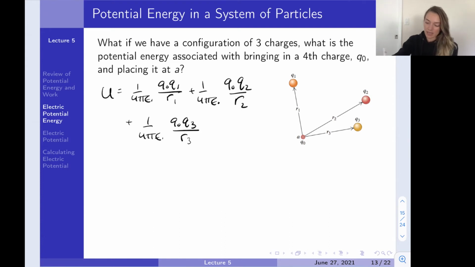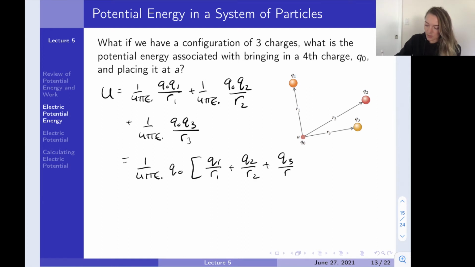So I can rewrite this in a slightly nicer way. I can factor out my 1 over 4 pi epsilon naught. I can factor out a Q0, because Q0 is in every term here. And then I can just write it as Q1 over R1 plus Q2 over R2 plus Q3 over R3.